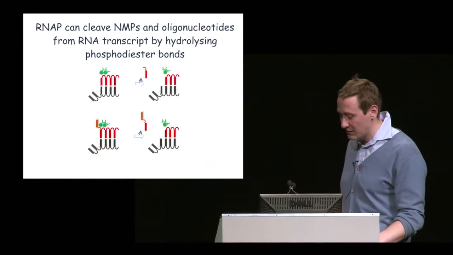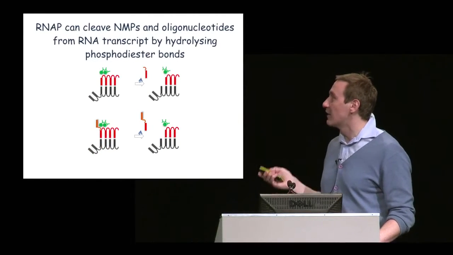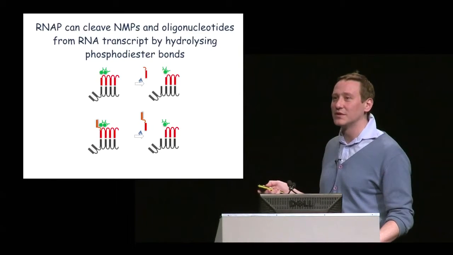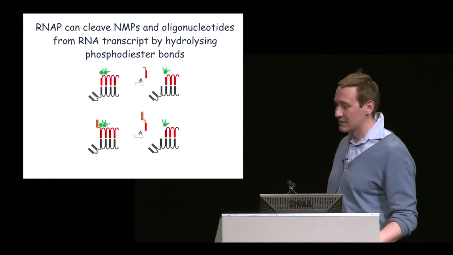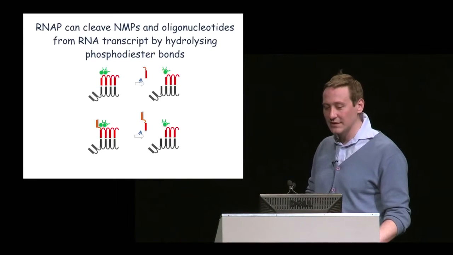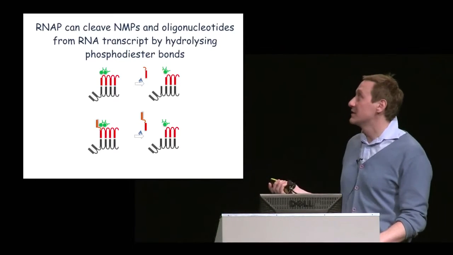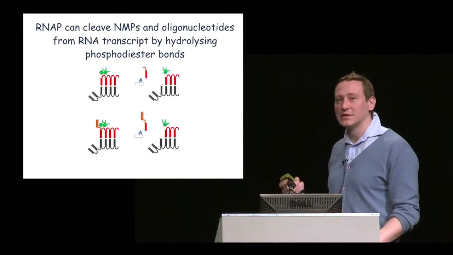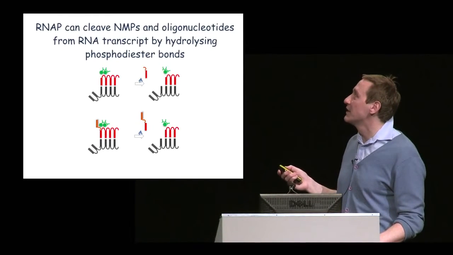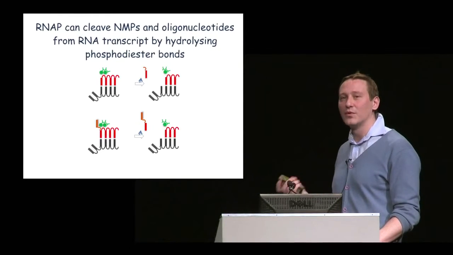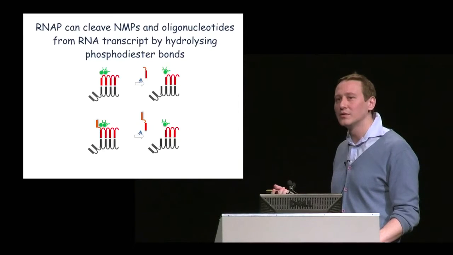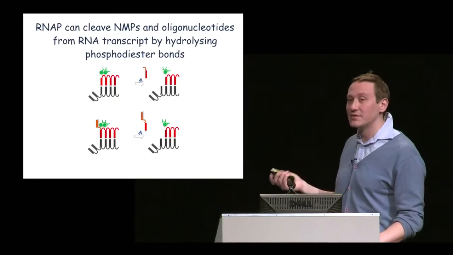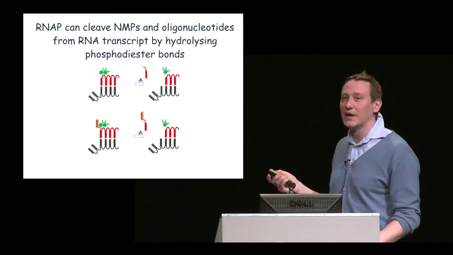And there are some interesting things also bound to the flexibility of the trigger loop that we discovered, and I'm going to talk about next. So besides adding nucleotides, besides synthesizing RNA, RNA polymerase can also cleave off mononucleotides and oligonucleotides by hydrolyzing phosphodiester bonds of the RNA.